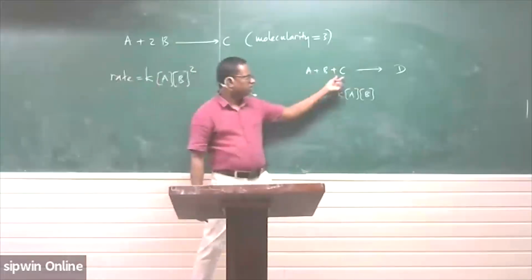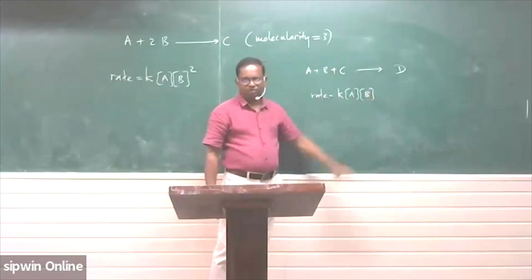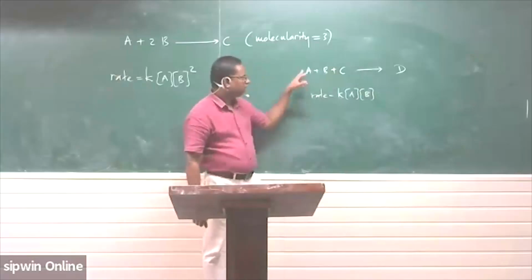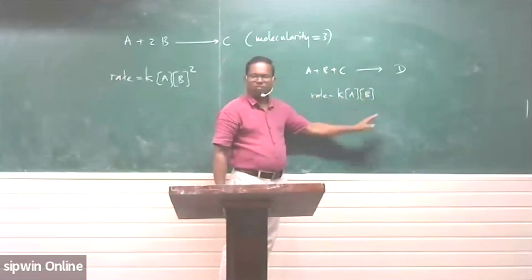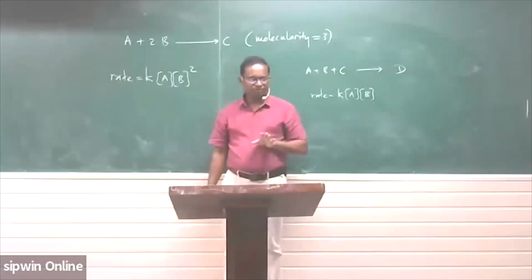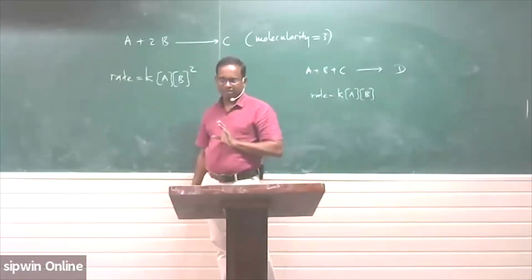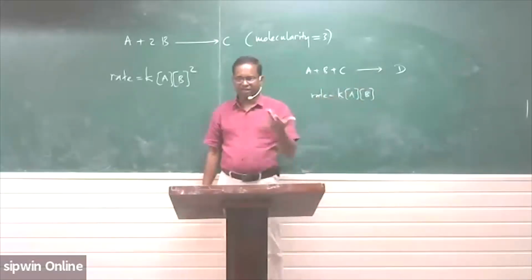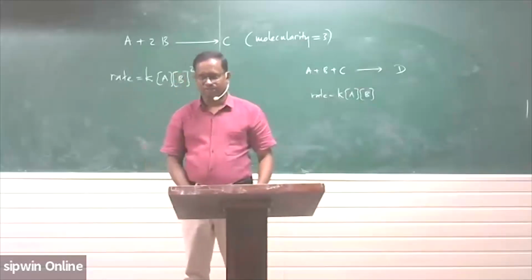In this one, the concentration of C is not included. If this is an elementary reaction, what happens? Elementary reaction means 1 here, 1 here, 1 here. Can any component be missing there? No. But here one component is missing. That means this is not an elementary reaction.